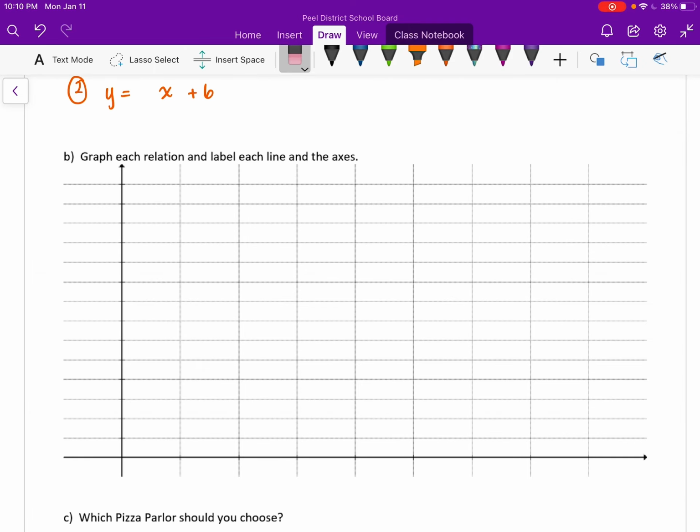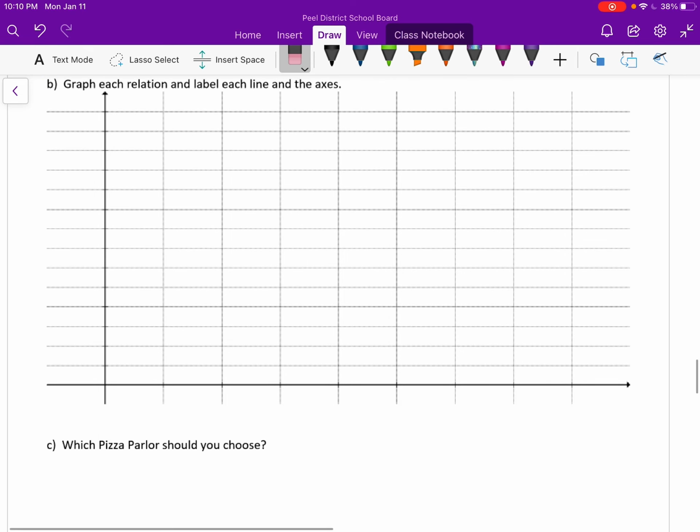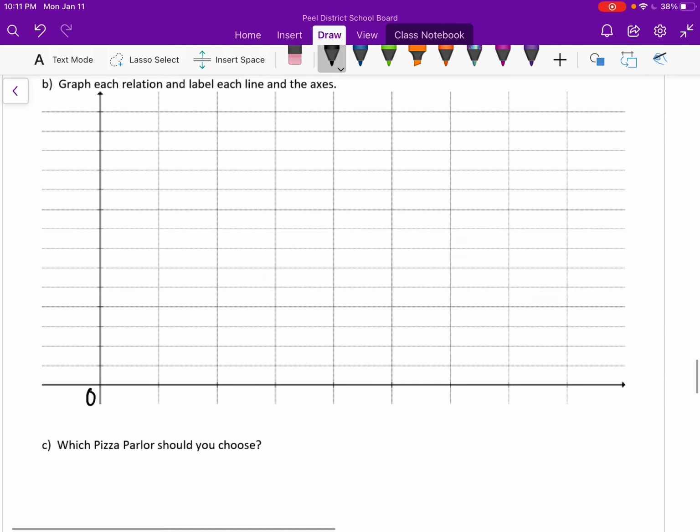So this tells us to make our own line and our own axes. I'm going to start at 0 because that just makes the most sense. And I'm going to go up by 1. You could have gone up by 2, 3, whatever you felt like going up by, but I like going up by 1 because it just makes plotting a little bit easier for me, right?